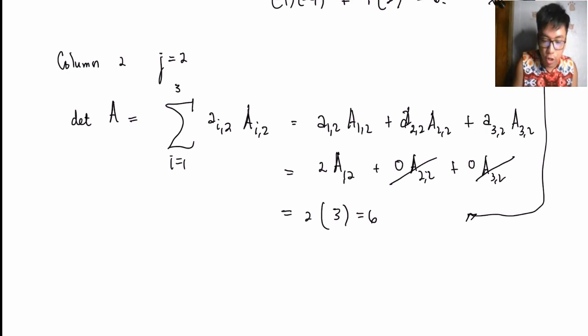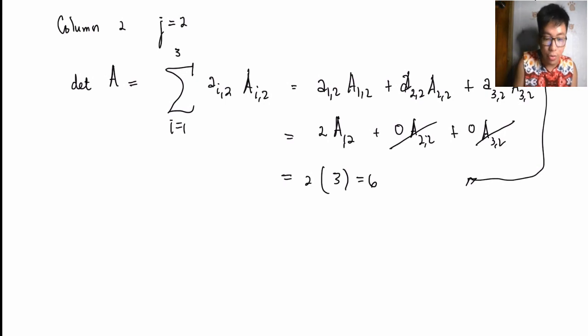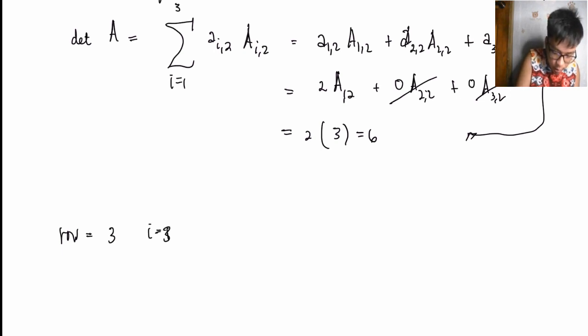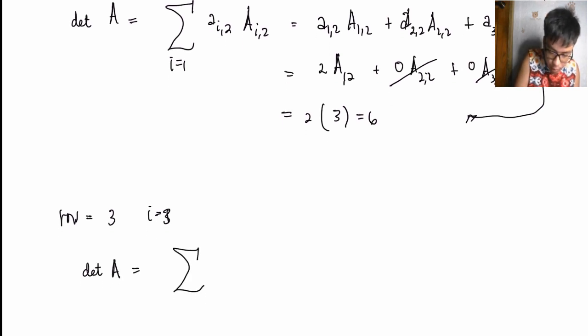Just to make sure, let's consider one more. Let's consider row 3. So that means our i here is 3. So the determinant of A is the sum of a3j C3j, j from 1 to 3.